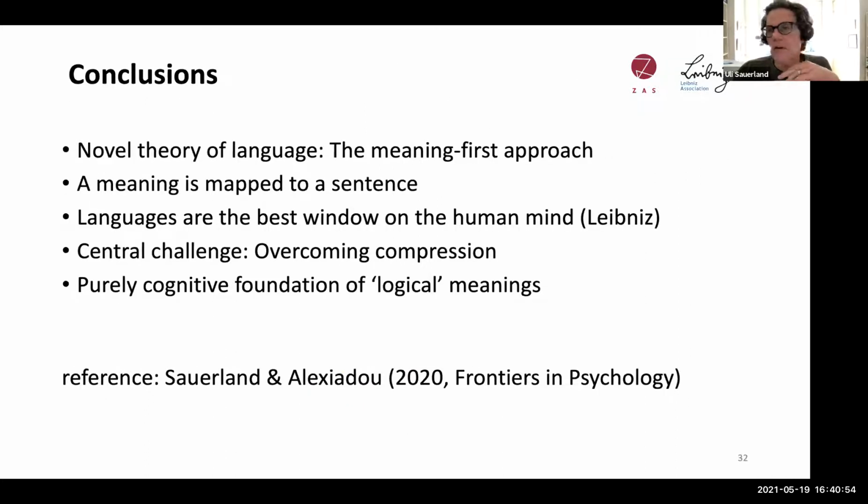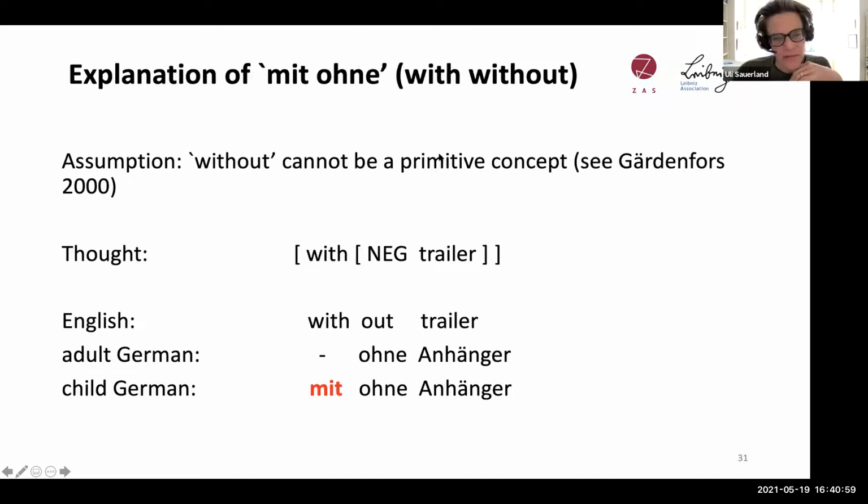Okay, so that was it. This last approach is the one that can be most easily applied to further phenomena. It involves looking at cases where children produce an extra word, and preferably ones where you find this in some systematic fashion across multiple languages.